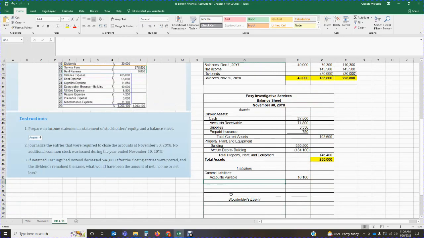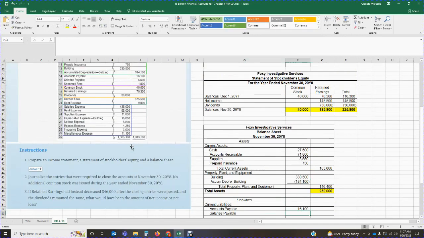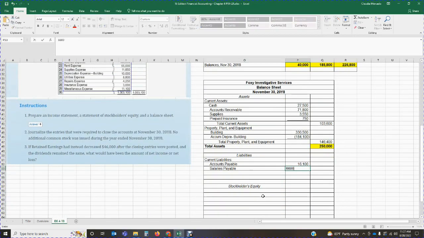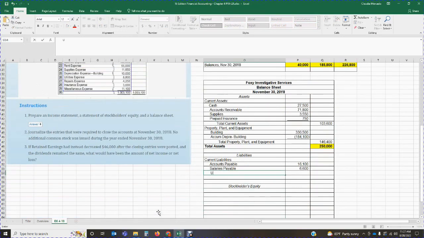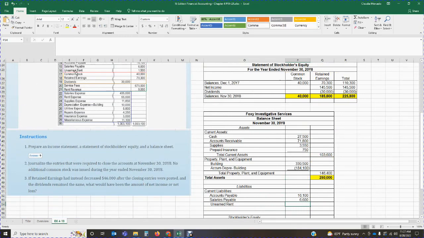What else do we have? We have salaries payable of 6,600. And we have unearned rent of 1,500. So we don't have any other liabilities.